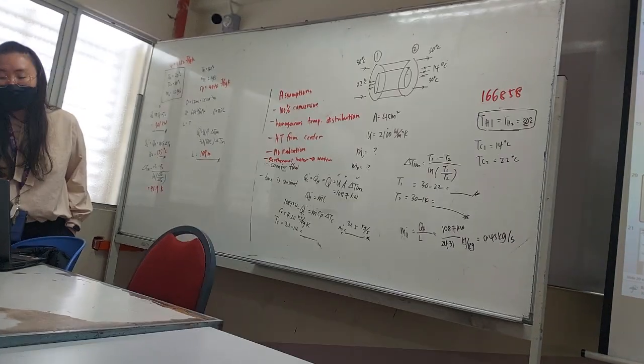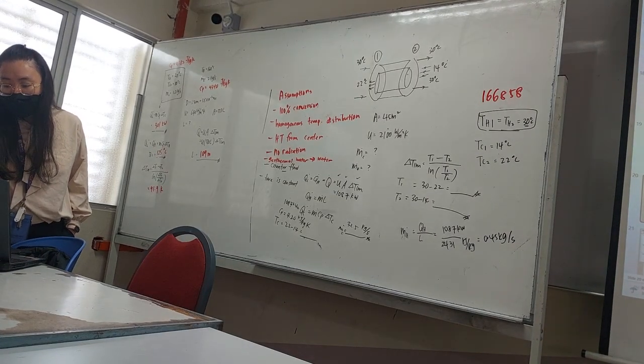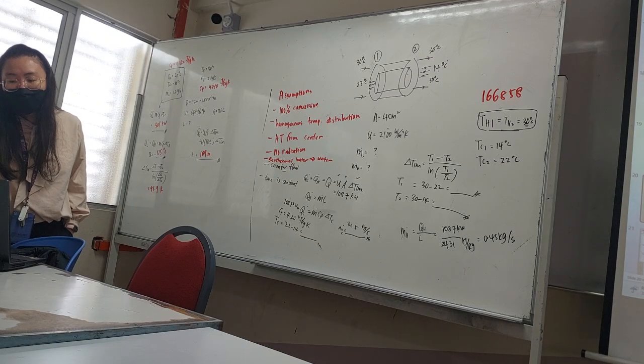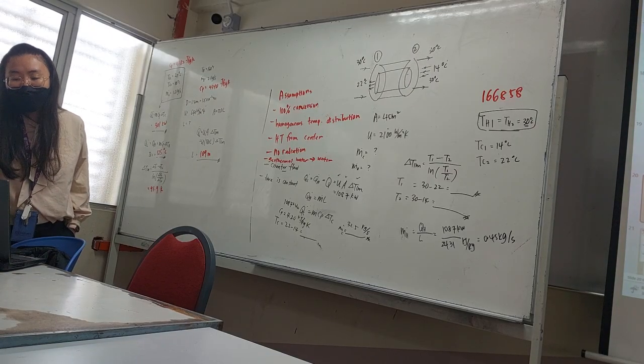You can calculate the Rayleigh number, or you can calculate the Grashof number multiplied by the Prandtl number. If you want, you can calculate on the range.